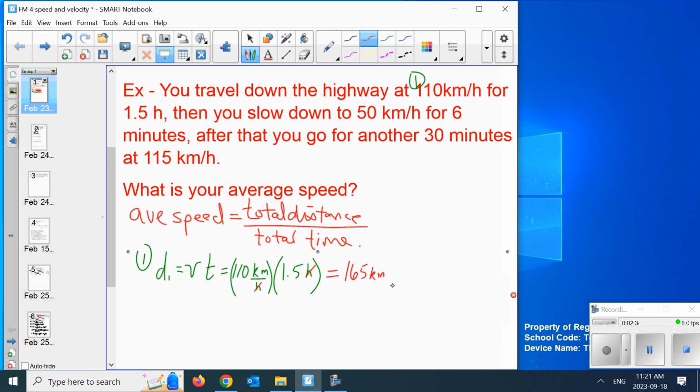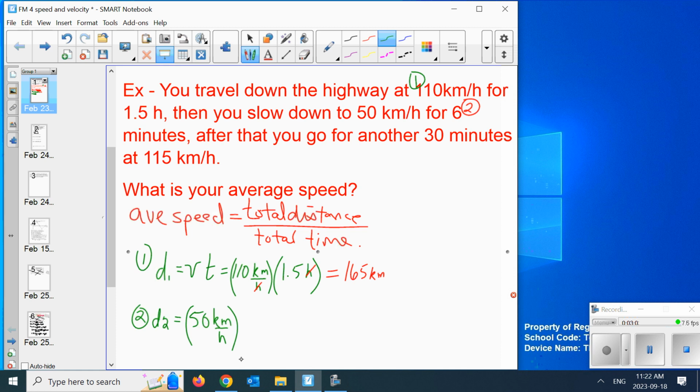The second portion. 6 minutes only. We don't have hours. Portion 2, v2 is 50 kilometers per hour.